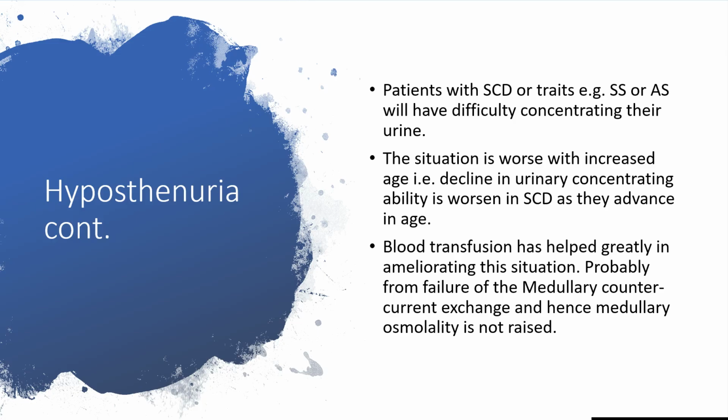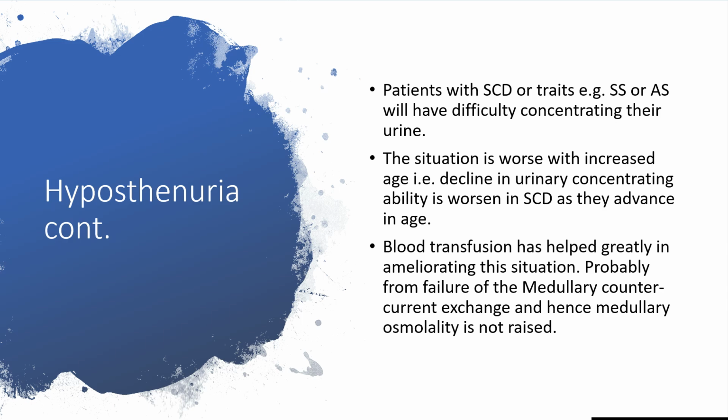Hyposthenuria, that is inability to concentrate urine. Patients with sickle cell disease, or even those who are not fully having disease but they are carriers, otherwise known as traits, for example, hemoglobin SS, those are the sickle cell disease ones, and AS are traits or carriers, will all have difficulty concentrating their urine.